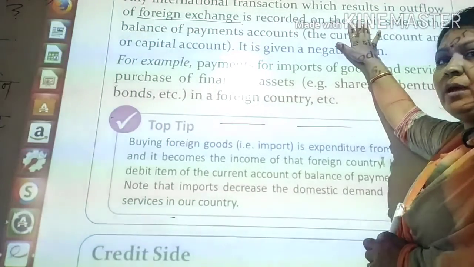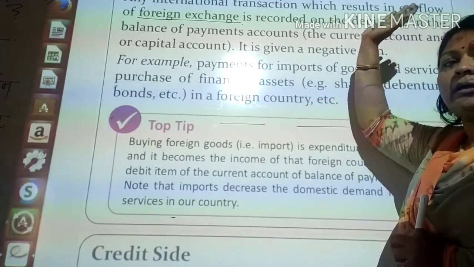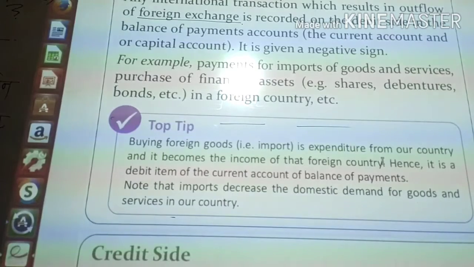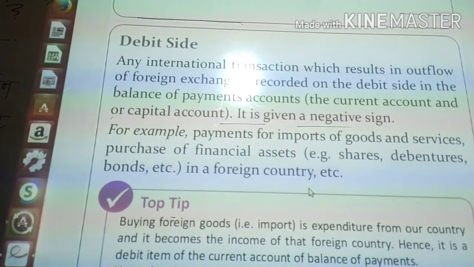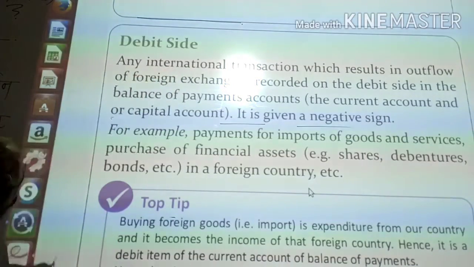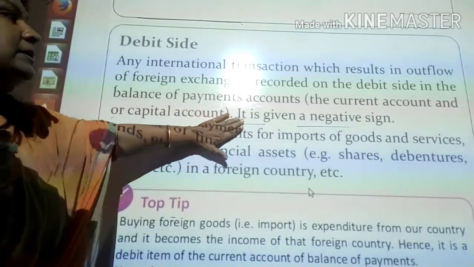So your question will be, madam, it is an outflow, so how can we say it is true? So listen, students, maybe this is visible now. Clear? Any international transaction which results in outflow. So your question is that here it does not come in, it goes out.